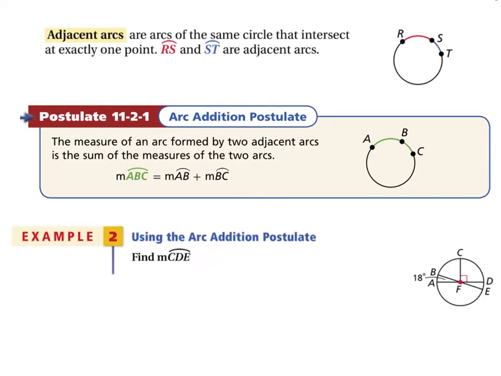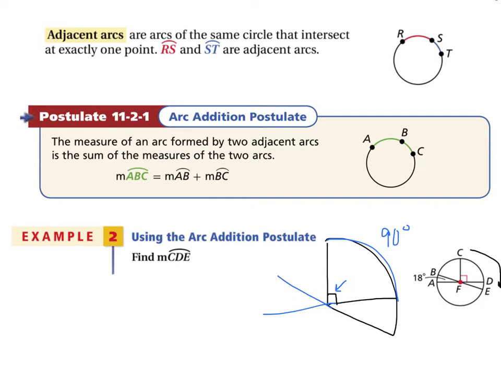So in example 2, find the measure of arc CDE. Well, CDE is right here. We know that's 18 degrees. Well, I'm going to draw this bigger here. Well, since we know this central angle is 90 degrees, this arc is 90 degrees.